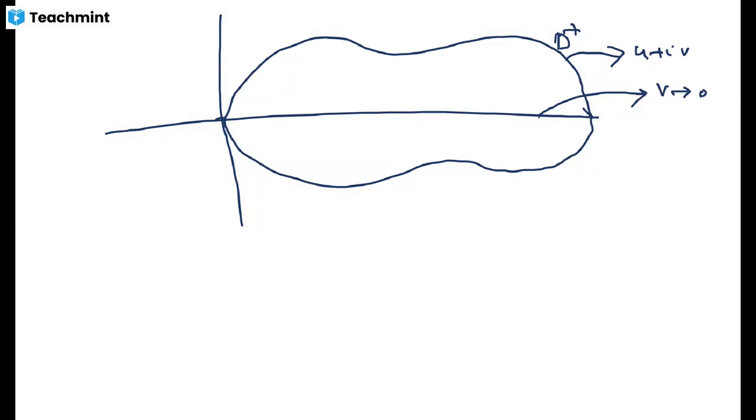Whenever z approaches this real axis, v tends to be 0. And then the Schwarz reflection principle for harmonic functions helps us to extend v to whole of the domain D.